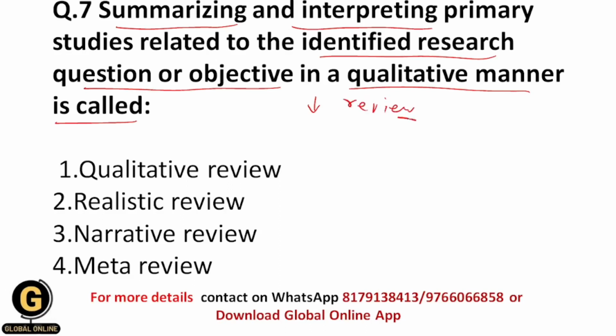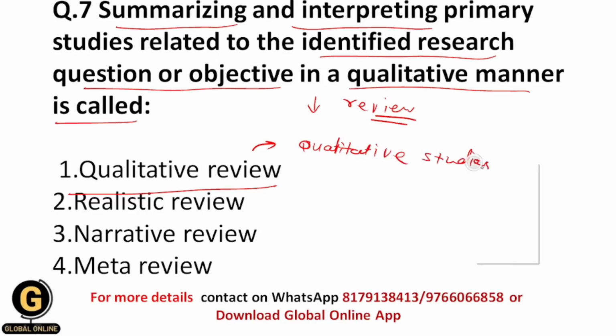It has been asked. So we will see the options first. First is qualitative review. Qualitative review is the method through which findings from qualitative studies are aggregated, integrated and interpreted. So this is the qualitative review.